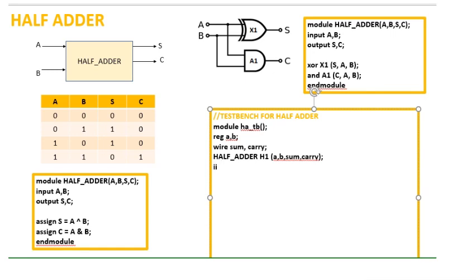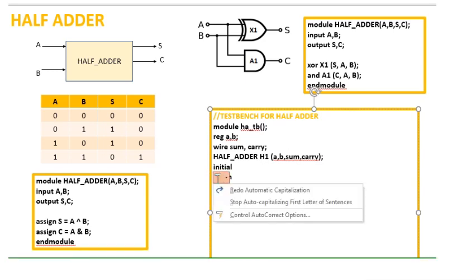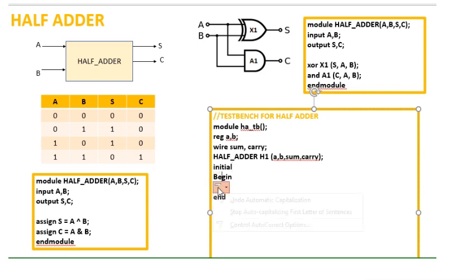Next, applying the stimulus, that is in the sequential block, the initial construct. So as per the truth table, the first row will start with a equal to 0 and b equal to 0.